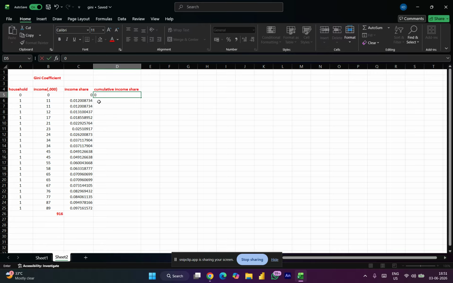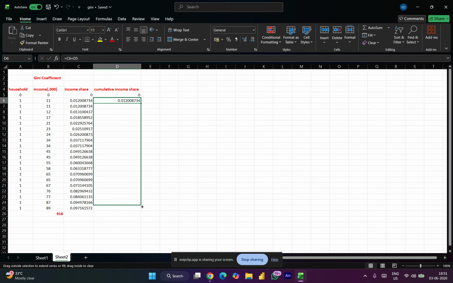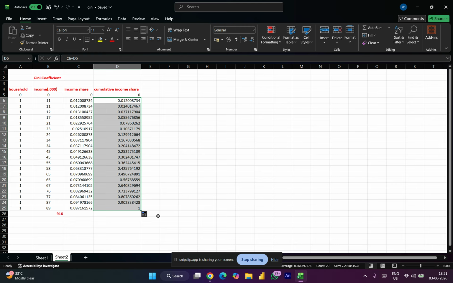The second value will be this value plus the previous value. In this way we can calculate the cumulative, and the remaining ones will be like this. We can always confirm that our calculation is right, because the final cumulative income share will be 1.